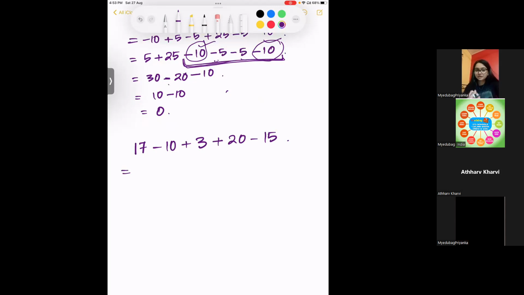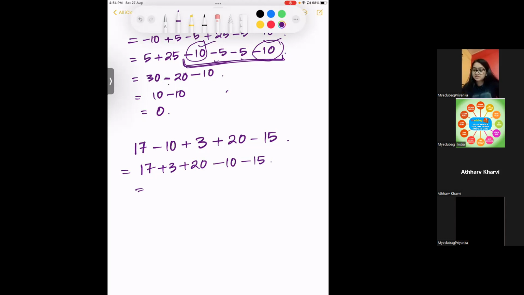So now you just have to group it and solve. 17 plus 3 is 20.